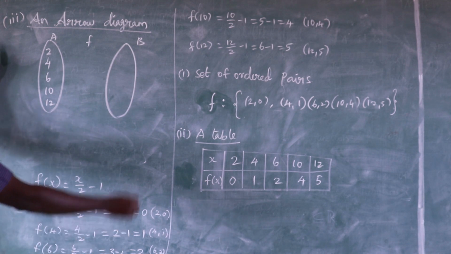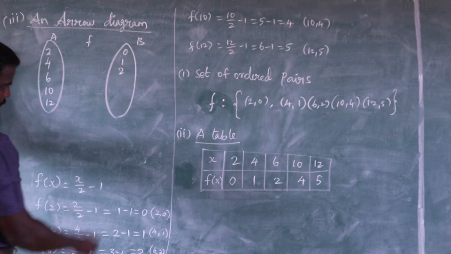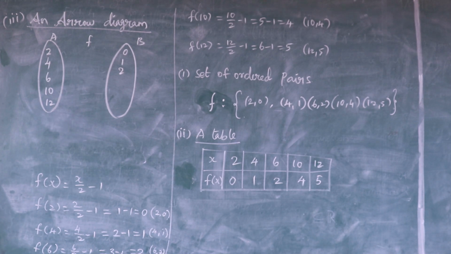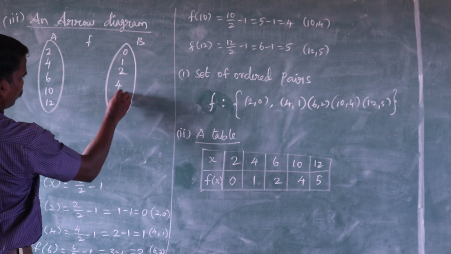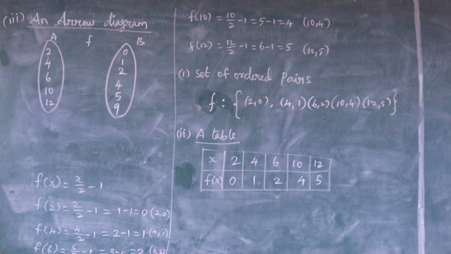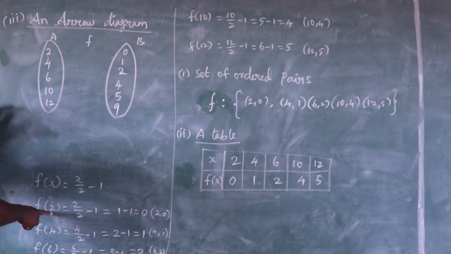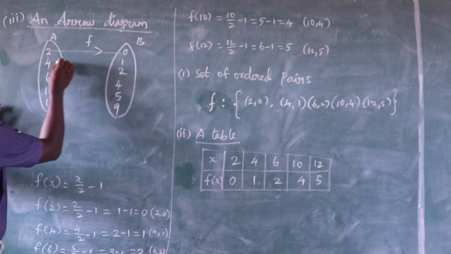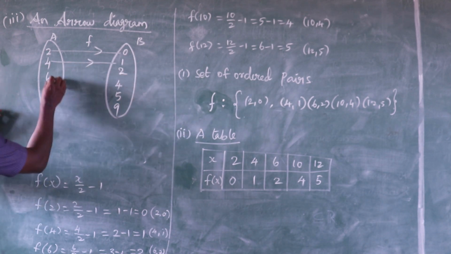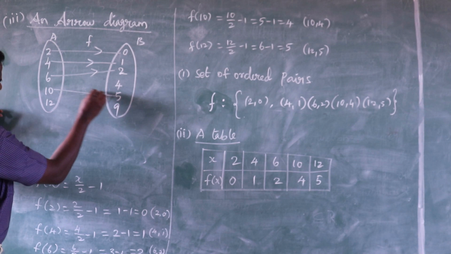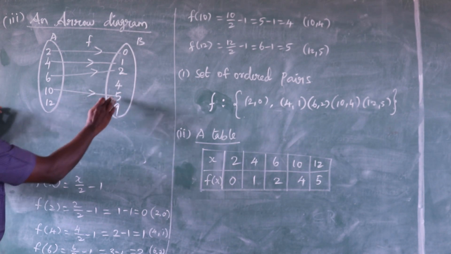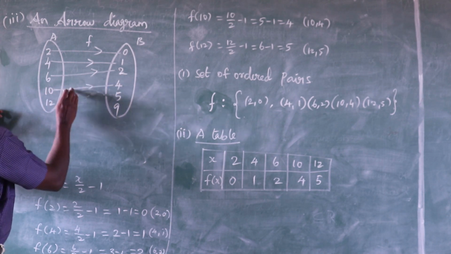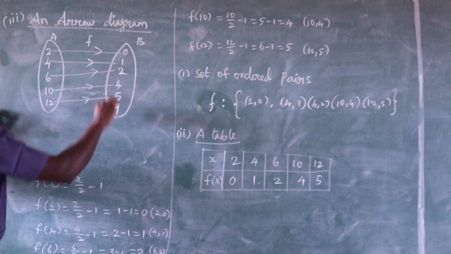In set B, given 0, 1, 2, 4, 5 and 9. Now we mark arrow symbols for the relation: 2 to 0, 4 to 1, 6 to 2, 10 to 4, and 12 to 5.